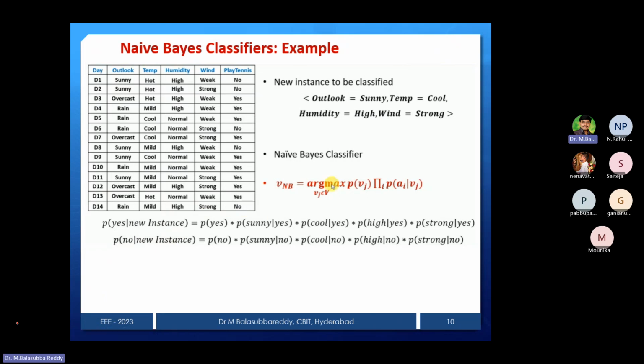Then you have as a data set day 1 to day 14. Let it be day 1. The outlook is sunny, temperature is hot, humidity is high, and wind speed is weak. But because of the data availability, outlook, temperature, humidity, and wind, you did not go for playing tennis. So this is a no. Then the sunny outlook, temperature is hot, humidity is high, but wind is strong.